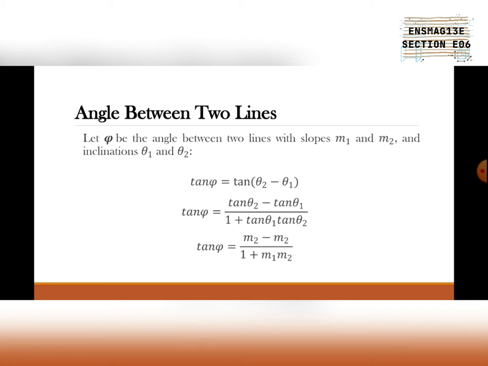Now, in our second line, here, we will apply the identity of the tangent for the difference of angles, which will give us tan theta 2 minus tan theta 1 all over 1 plus tan theta 1 tan theta 2.